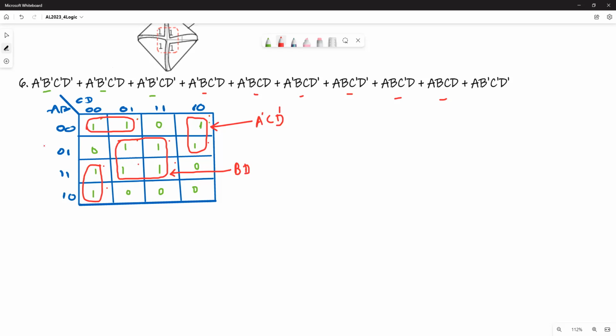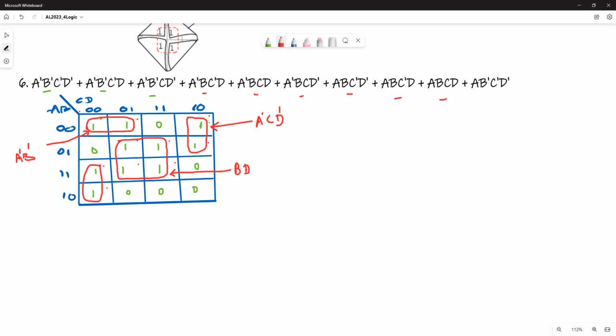Right. Then this region, what is that region? So from this side, A dash, B dash, no changes. So we will have A dash or A bar, B dash, and then, yeah, whatever changing.